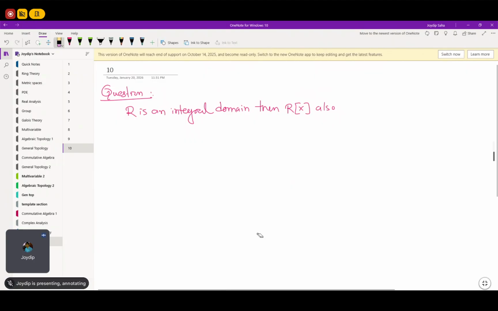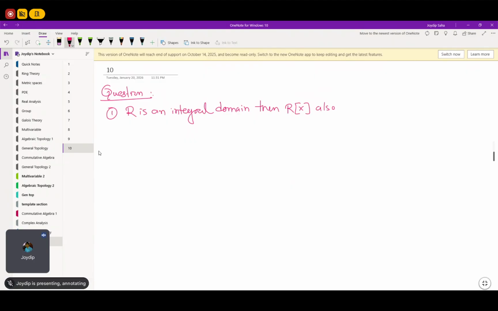Your answer is also right, but I don't want to use so many results, such as that units of R are units of Rx. Okay, we approach in a simple way. Later, in integral domains, we'll go through Euclidean domain, PID, UFD.